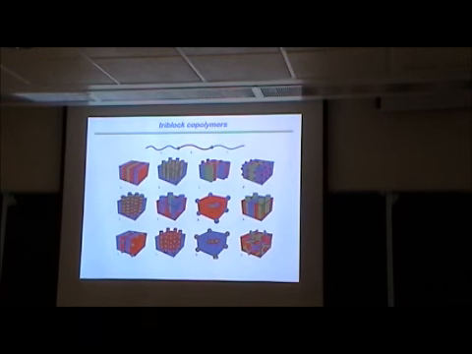You can vary the relative volume of the three, and you have then two sets of interfaces which will organize in various ways. So these are all liquid crystal phases.